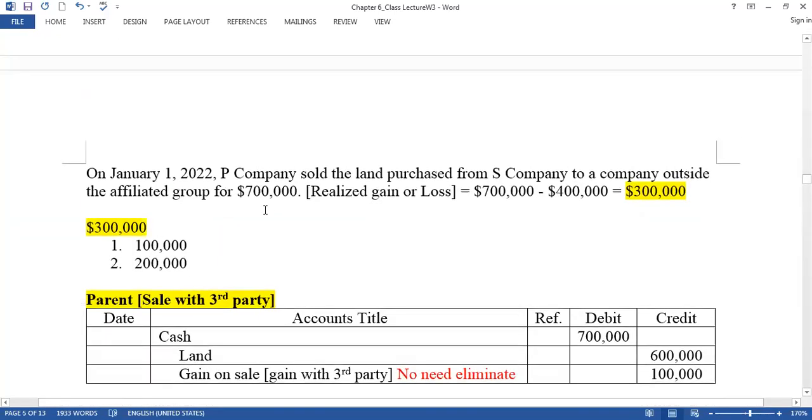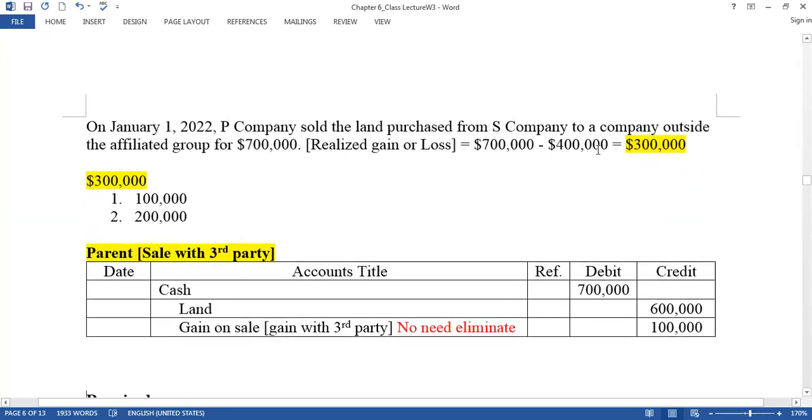The parent company received $700,000. Their cost was $600,000, and they record a gain of $100,000. This $100,000 gain is related with the third party. Clear?